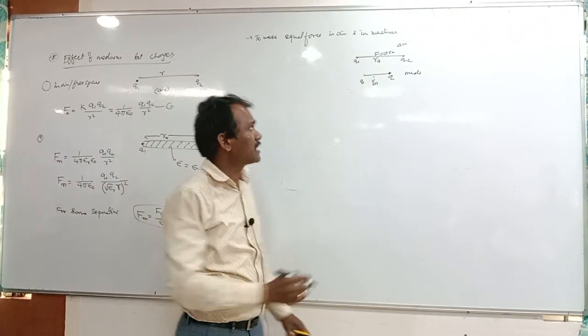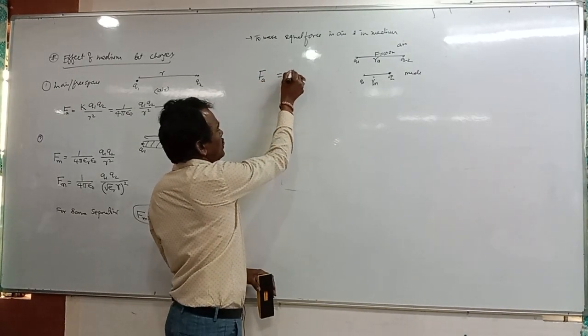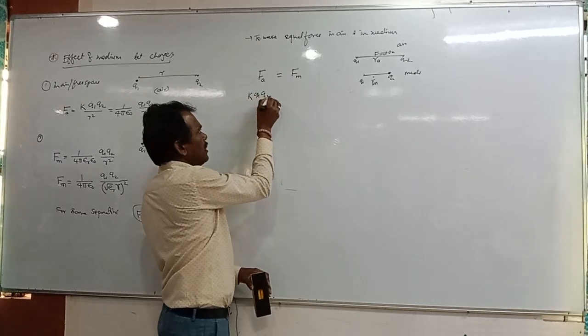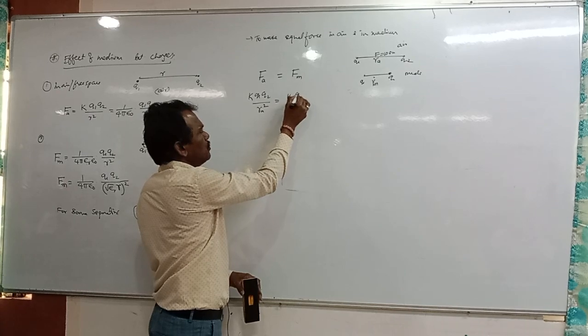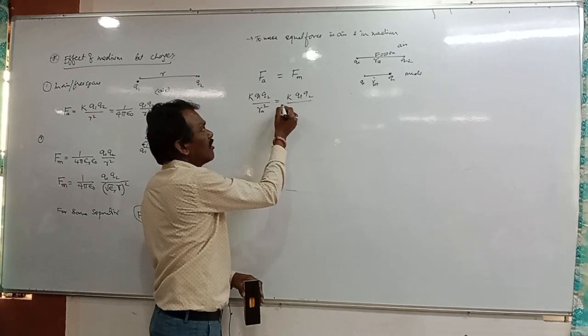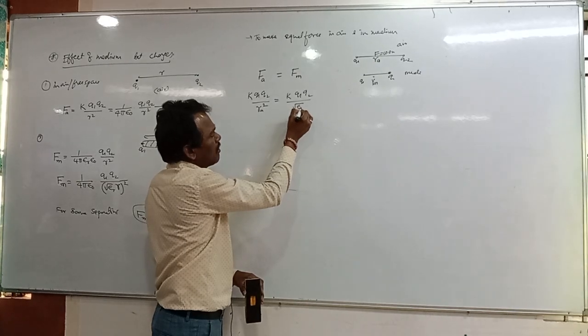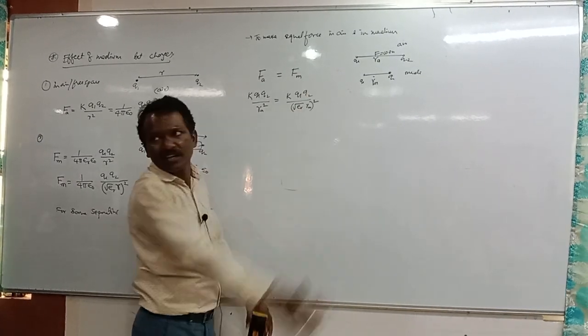So F in the air is equal to F in the medium. K into Q1 Q2 by r in the air square is equal to K into Q1 Q2 by what distance? Root epsilon r into r in the medium whole square. Correct?